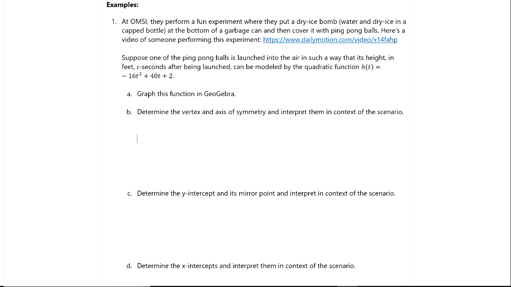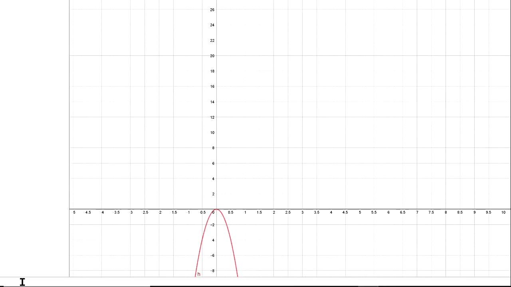You can see on the bottom screen is the input bar, and we have h of t equals negative 16t squared plus 40t plus 2. And that's the scenario we have here.